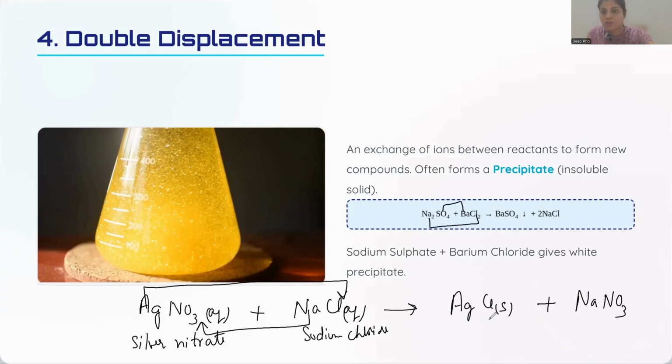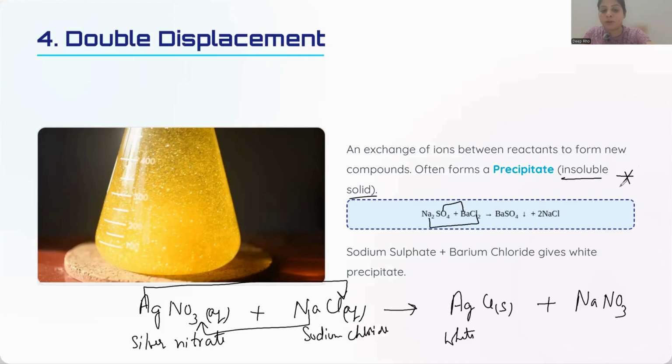Silver chloride, a white precipitate of silver chloride, along with the formation of sodium nitrate. So there is a clear exchange of ions between the reactants, and an insoluble precipitate is formed. This is called double displacement reaction.